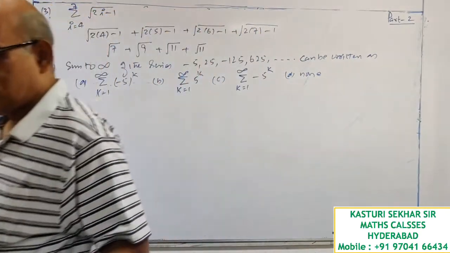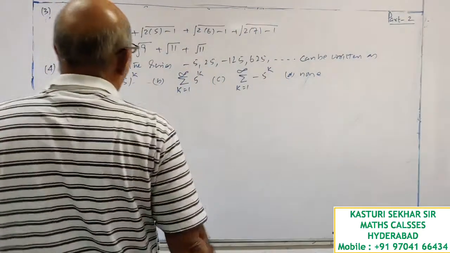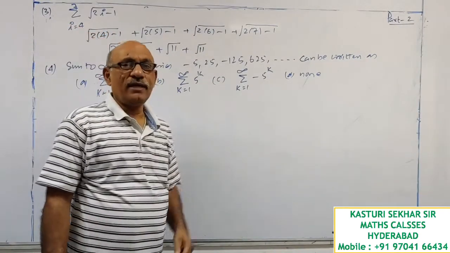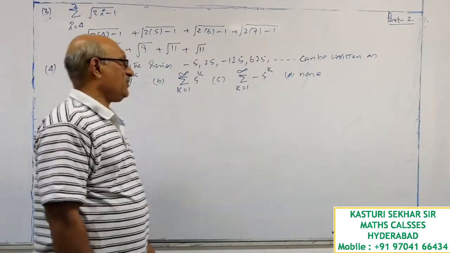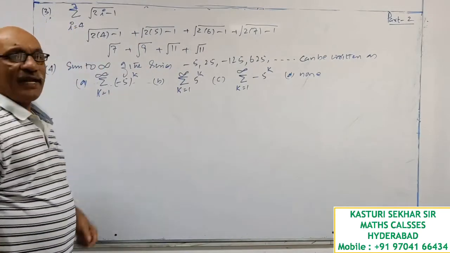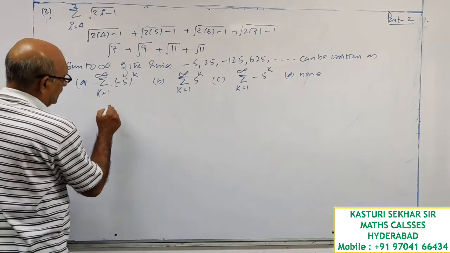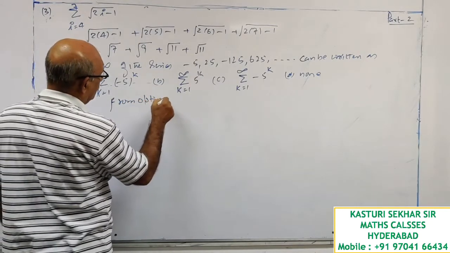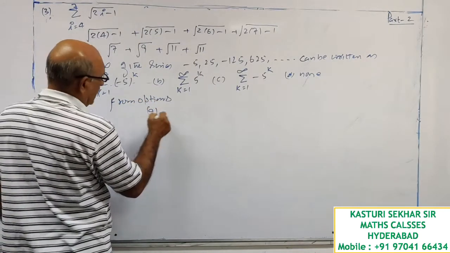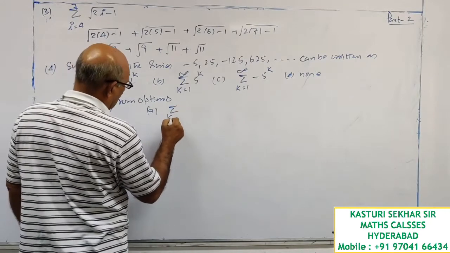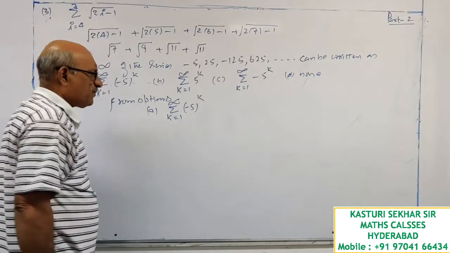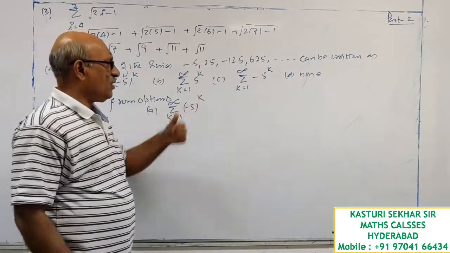Again, this problem is how to generate the sequence, or with the help of sequence how can you write sum to n terms of the series. Now I'll take the help of options. Option A, summation of k is equal to 1 to infinity minus 5 whole power k.